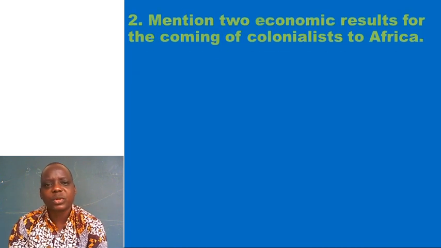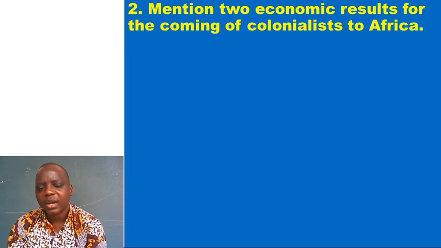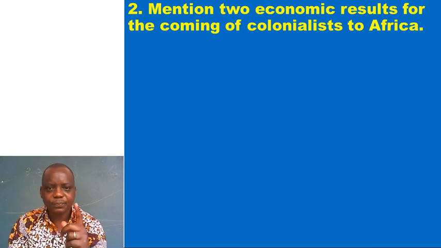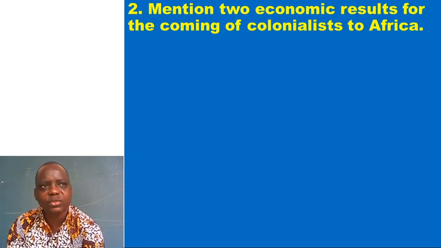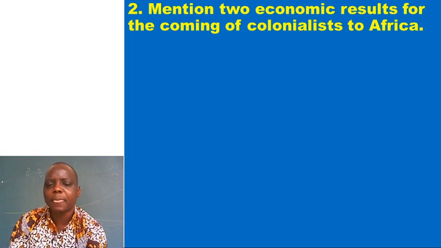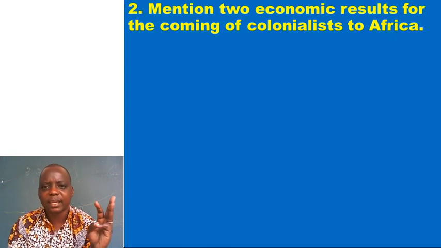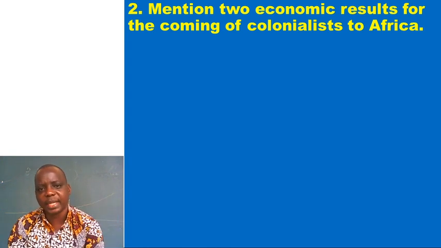The next question was saying, mention 2 economic reasons for the coming of colonialists to Africa. We know that the reasons for colonial rule in Africa, we grouped them under economic, social, and political.